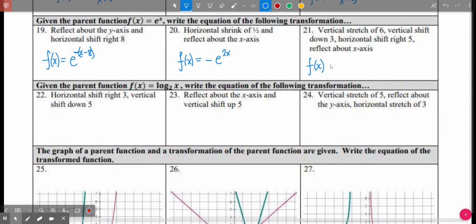Number 21, I have a vertical stretch of 6, a vertical shift down 3, a horizontal shift right 5, and a reflection about the x-axis.